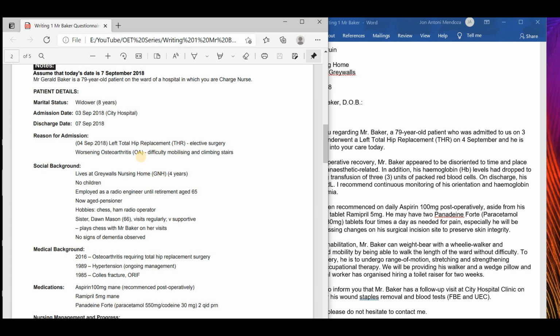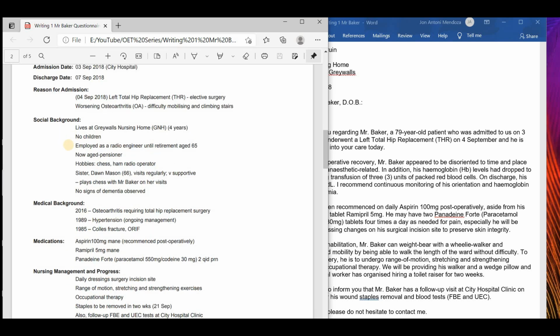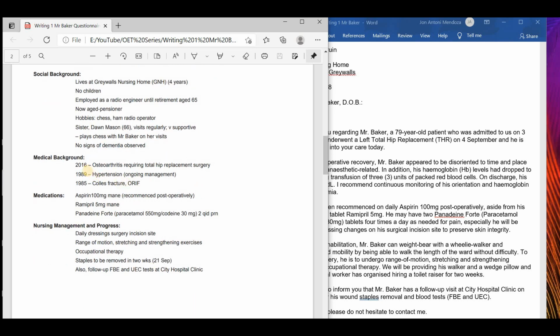Below is his social background. No children, and he's got a sister who visits regularly and is very supportive, and he has no dementia as well. For the medical background, you have 2016 osteoarthritis requiring the hip surgery, 1989 hypertension, and he's on medications, and then 1985 Colles' fracture and ORIF, or open reduction internal fixation.